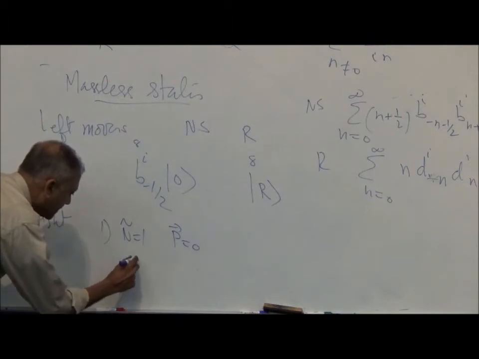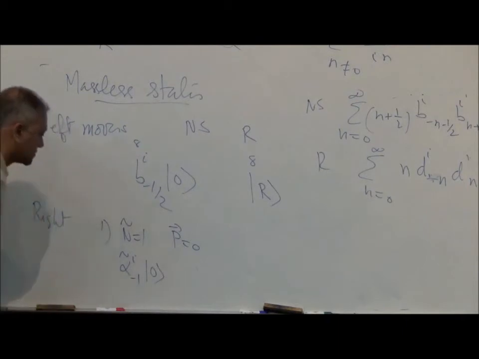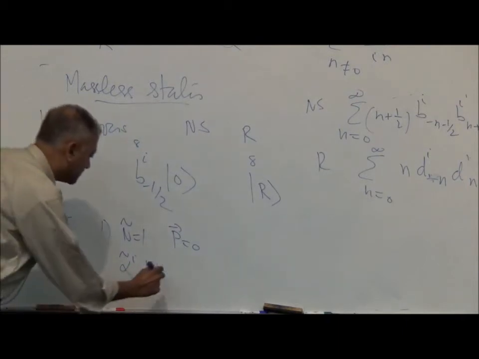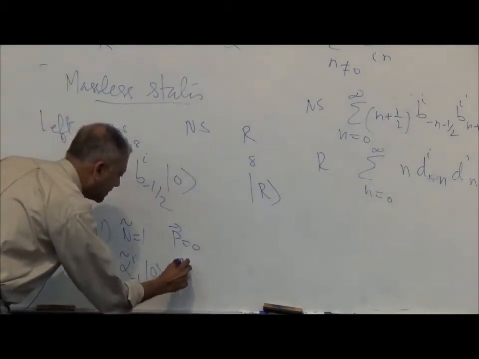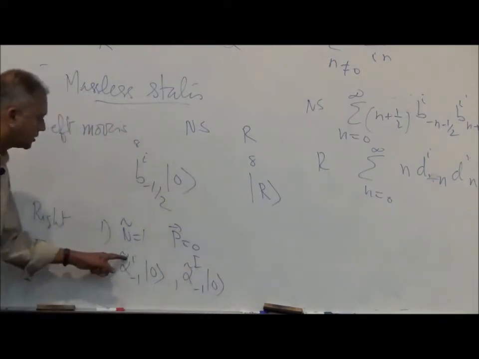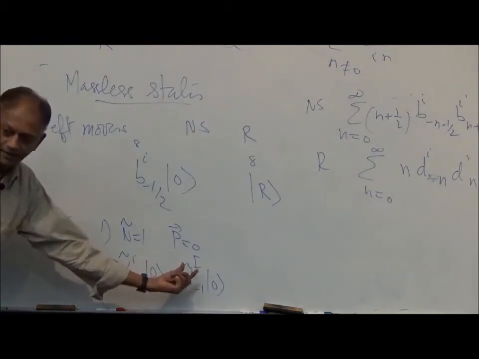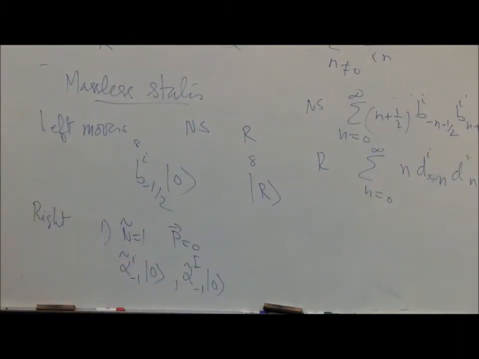How many states are there? These states I can write as α tilde^i_{-1} acting on the ground state, or α tilde^I_{-1} acting on the ground state. Altogether 24 states: there are 8 here and 16 there. That's what you have seen in the bosonic string, with 24 transverse states.